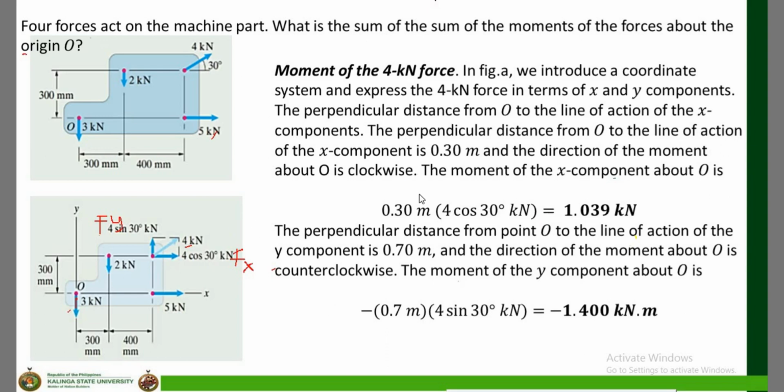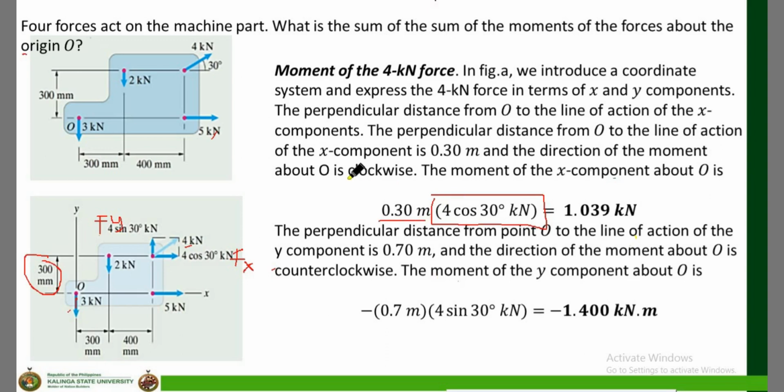The force is 4 times cosine of 30 degrees. The moment arm, or the distance from point O, is 300 mm, which I converted to meters, so that is 0.3.